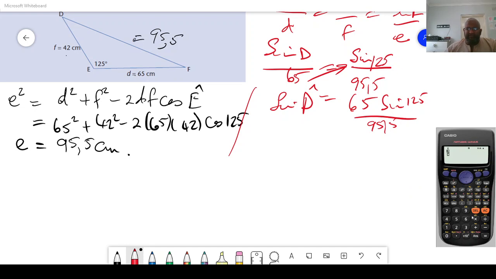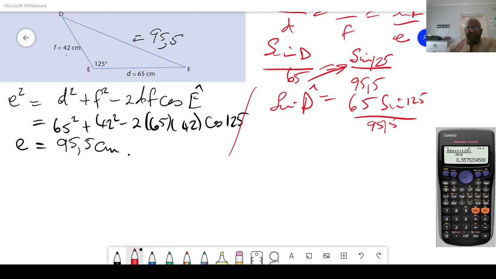So that is 65 sine 125 over 95.5, which comes from the previous calculation.